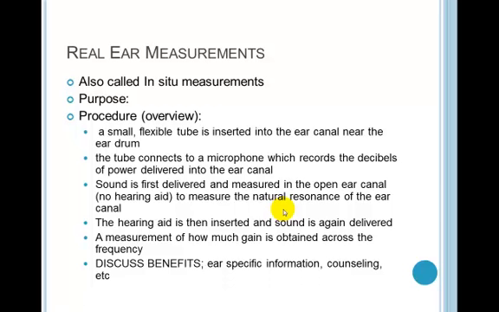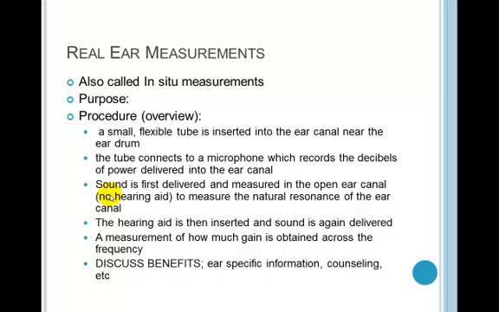Okay? Now I put the hearing aid in and turn it on, make sure it's on, and sound is delivered again. Now I can measure, since I measured across the frequency range at, let's say, an input of 60 dBHL and 75 dBHL and 100 dBHL without the hearing aid on, then I put the hearing aid in and measure across the frequencies again at different levels, and I compare the two.